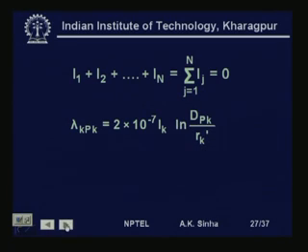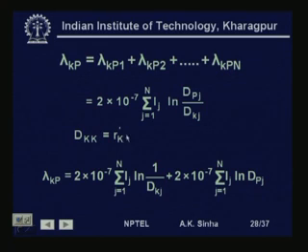Therefore, if we use that, we can find out the total flux linkage up to point P for the conductor K, which will be equal to lambda_kP1, that is the flux linkage of conductor K up to point P due to current flowing in conductor 1, and so on for all the currents flowing in all the n conductors.